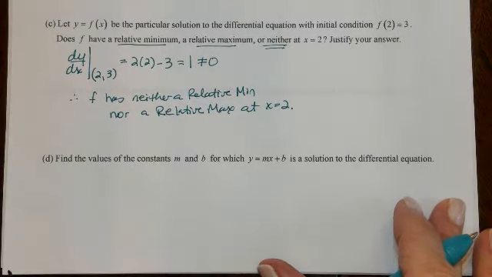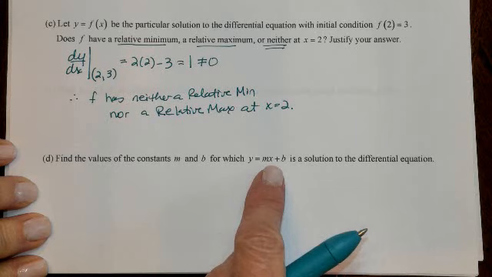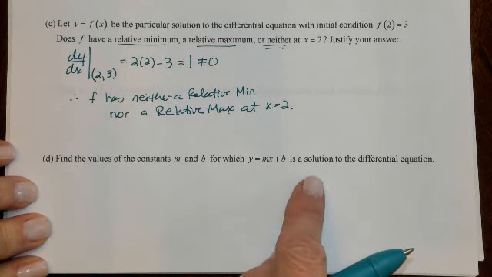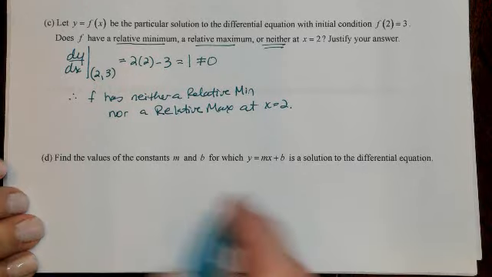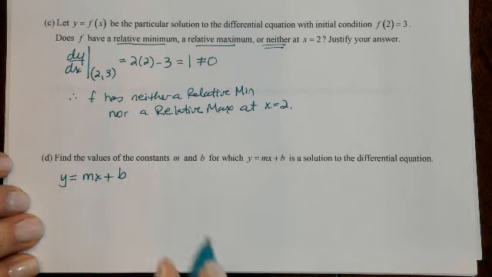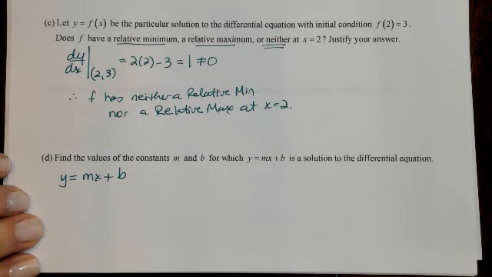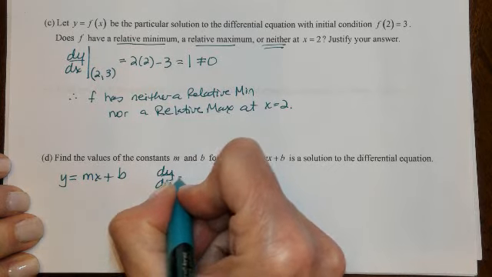All right, then in part D, find the values of the constants m and b for which y equals mx plus b is a solution to the differential equation. All right, so we want that to be a solution to our differential equation. Our differential equation is this.